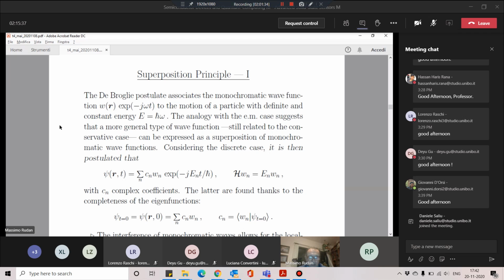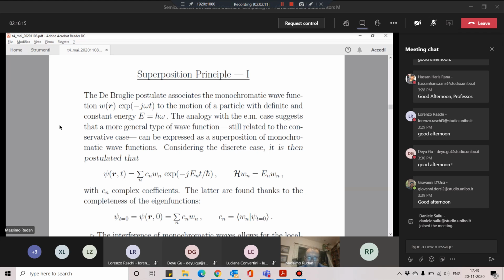Then, how can we calculate the coefficient C sub n? We can calculate the coefficient C sub n if we have the information about the form of the wave function at the initial time, t equal to 0, because we simply find that we have the standard expansion of a function independent of time in terms of the eigenfunctions W sub n.